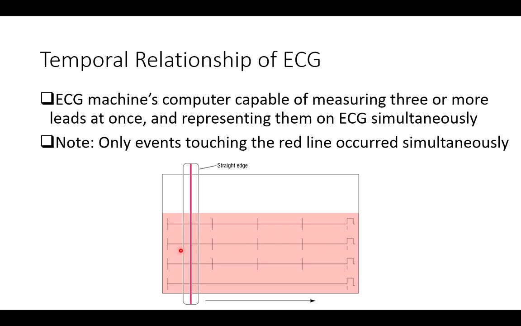So if there was an ectopic beat or something that happened at a given point in time, you may not see it represented because it happened here, and 10 seconds later that problem had maybe resolved. So you want to keep in mind how you observe and look at an ECG.